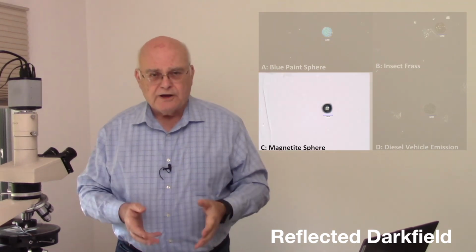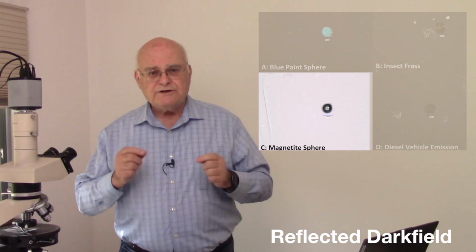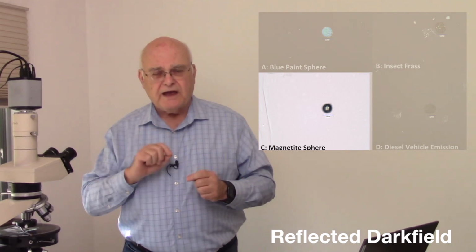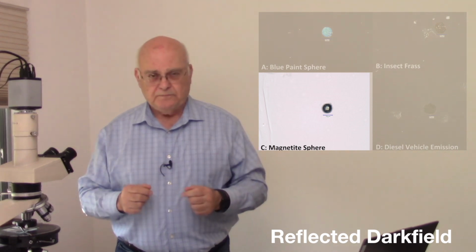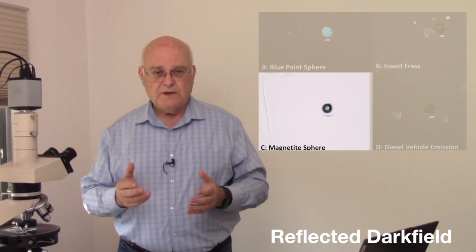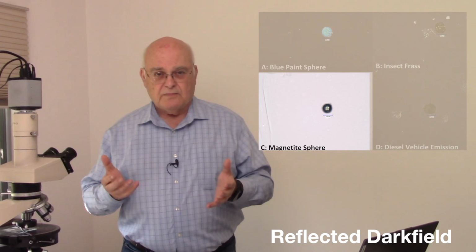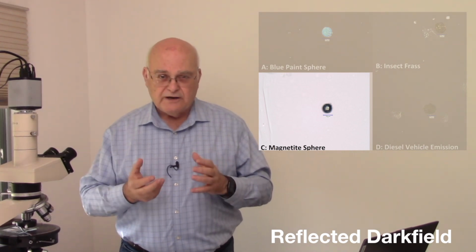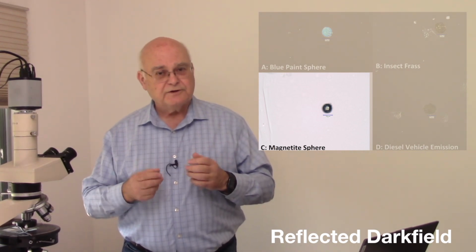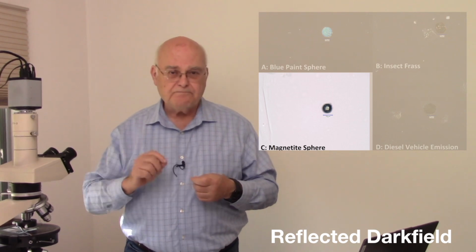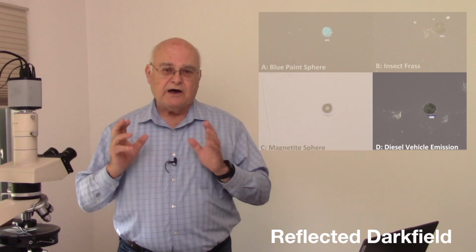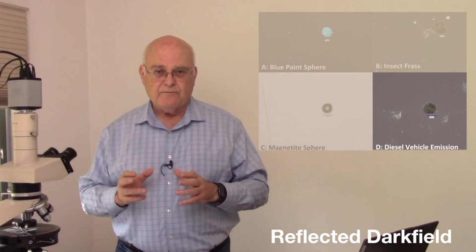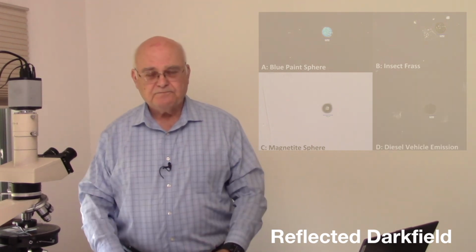In the lower frame, we see that we have a magnetite sphere. Magnetite spheres are fairly common in many environments. It's a form of magnetite that's the result of an arc or a spark. Next to that, we have a black cenosphere from a diesel engine.